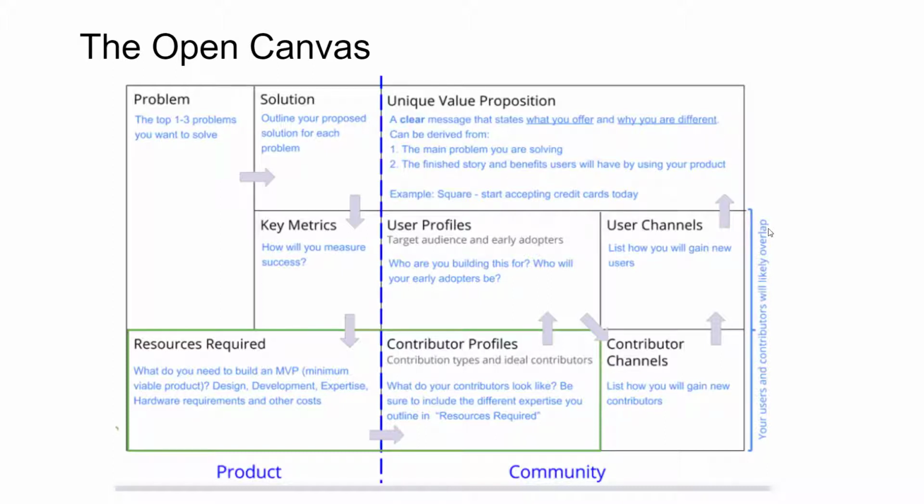And we want to briefly jump into the open canvas, because the open canvas is the map that will help you to navigate your projects, because when you are working in an open source project, you want to make sure that you have this constantly updated and validated as well.